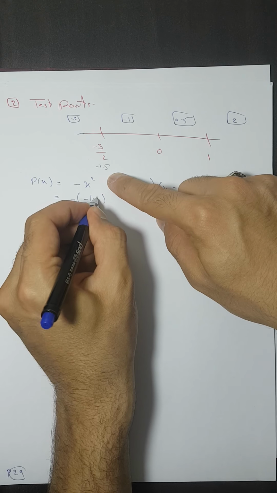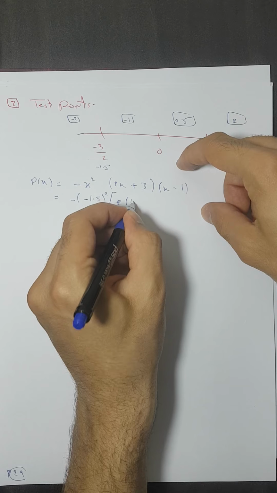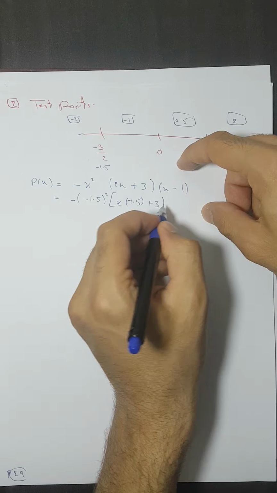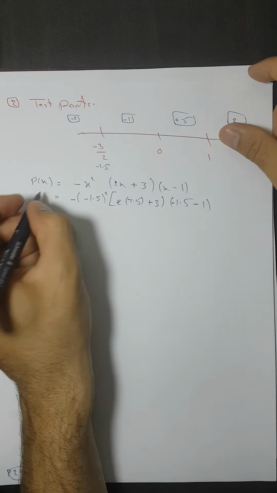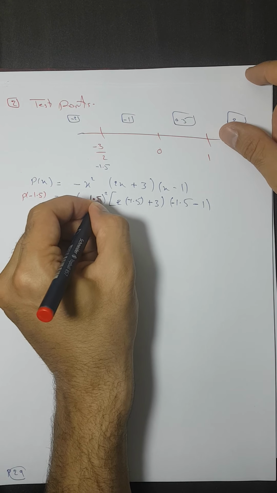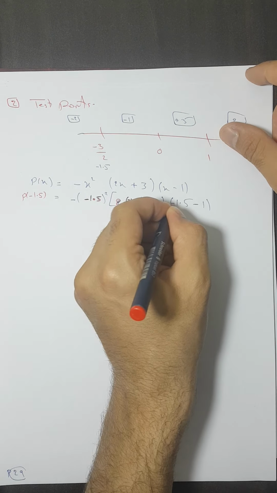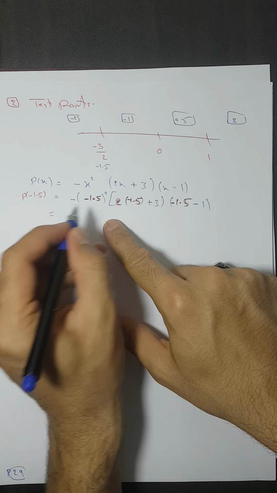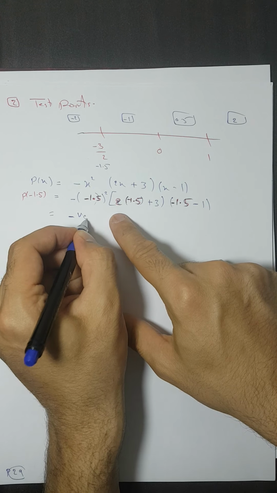Look, 2 multiply minus 1.5 plus 3, and minus 1.5 minus 1. So here we get a number, any number, I don't care, I say negative.